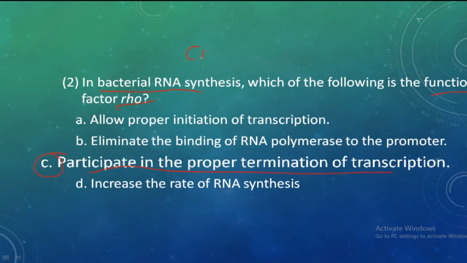Remember, it uses CA rich sequences like this. Such sequences are used by the Rho protein, and this sequence is called the Rho utilization or RUT element.